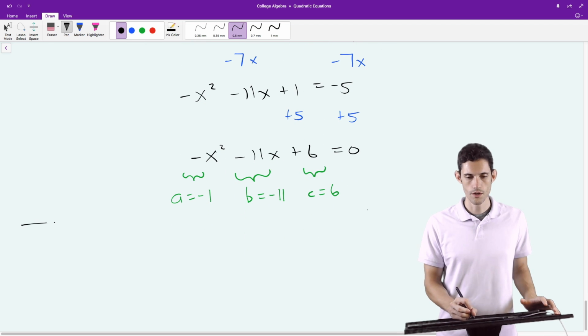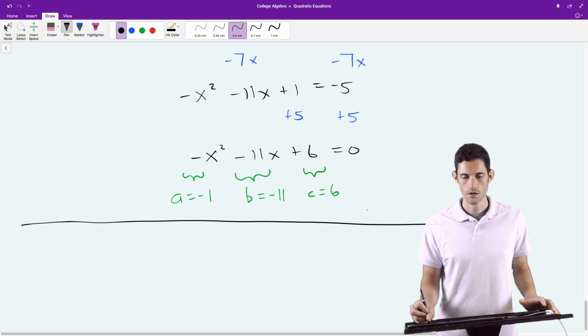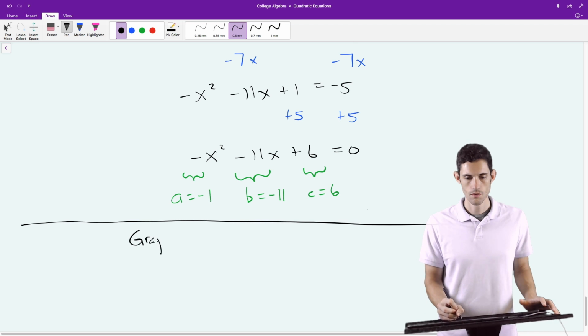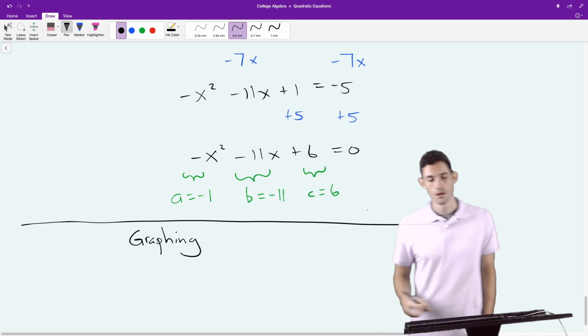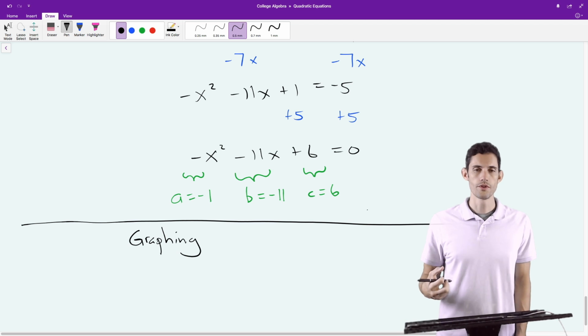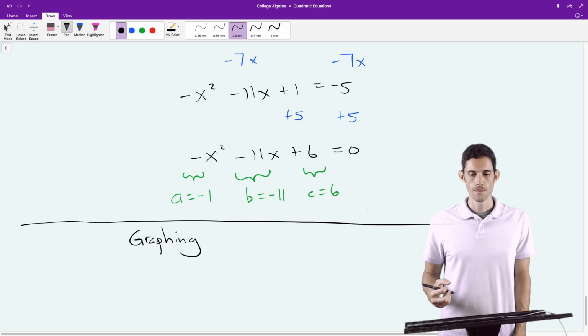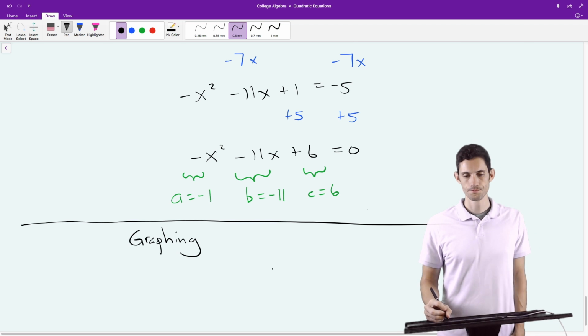So the last thing I want to do is, let's graph these things. So to graph them, you start off with the knowledge that these are going to be parabolas.